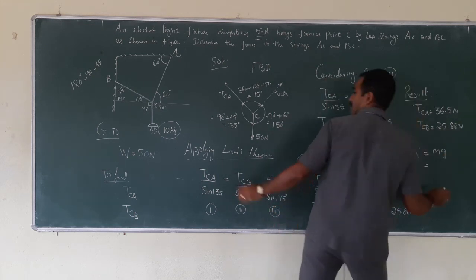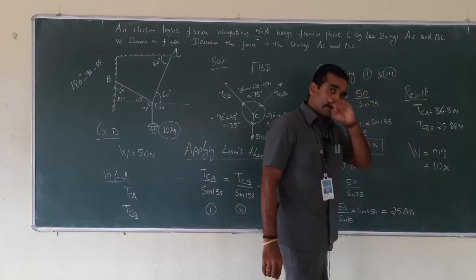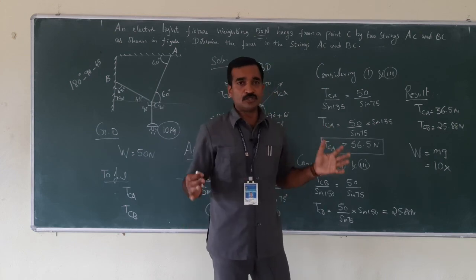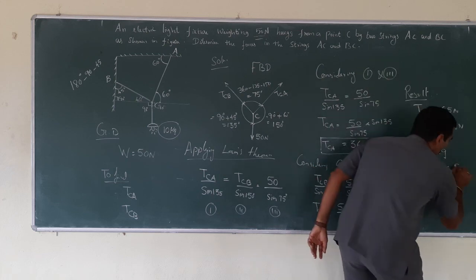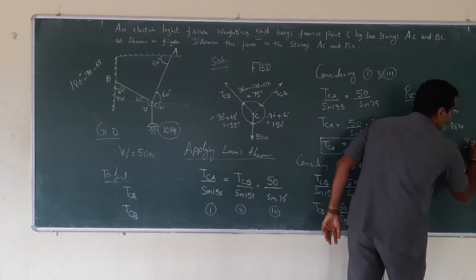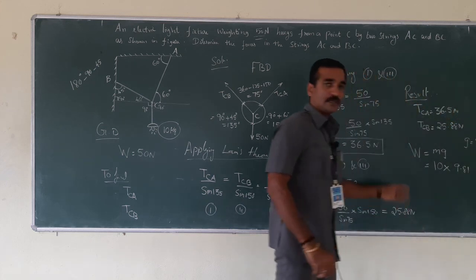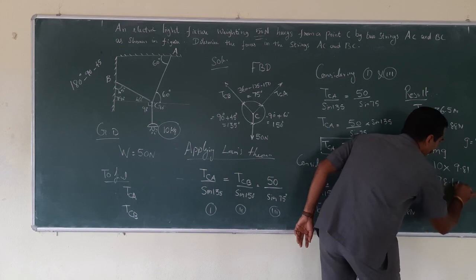Assume the value is 10 kilogram. 10 into g, which is nothing but the acceleration due to gravity, 9.81. The g value is 9.81 meter per second square. Now you just multiply it, you will get 98.1 Newton.